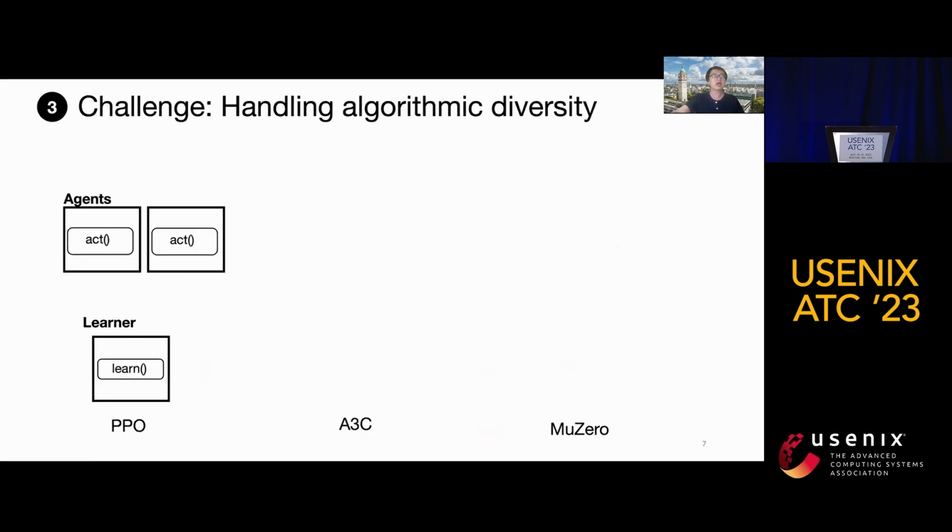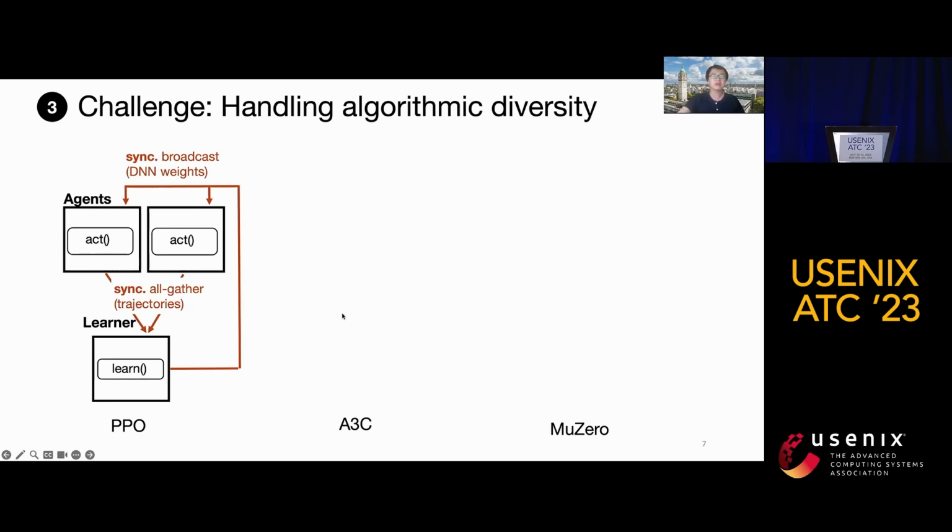The next challenge is that the system needs to handle the diversity of RL algorithms. This is because RL algorithms tend to have very different communication or computation patterns. We provide three examples here. The first one is PPO. In this algorithm, there are multiple agents and a single learner, and the agents and the learner communicate through synchronized group communication operators.